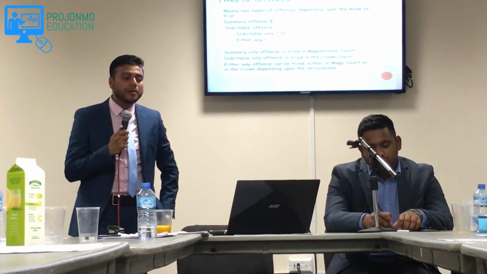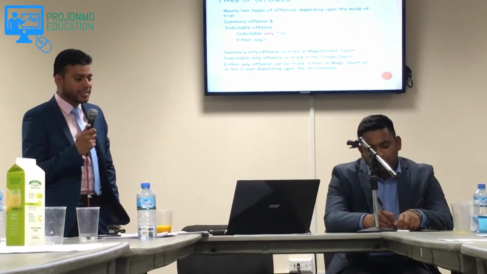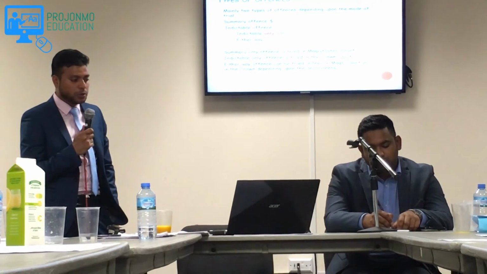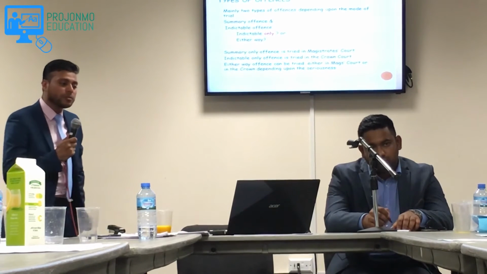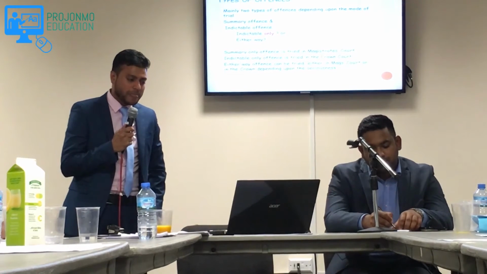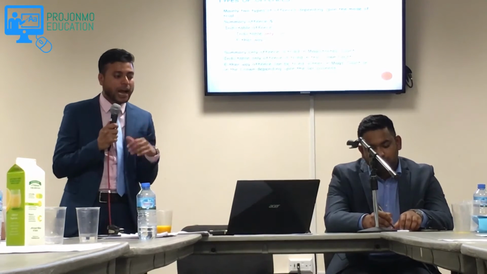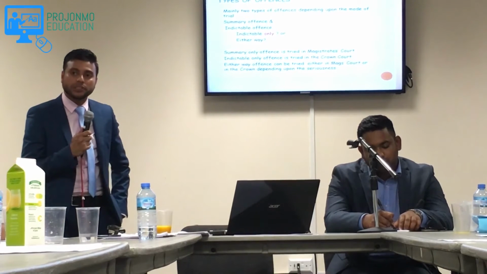So depending on the venue of the case, this mainly can be divided into 2 parts. One, summary offence and indictable offence. Now, the term indictable is a sneaky sort of term. Indictable can be divided into another 2 component parts: indictable only and either way offence.